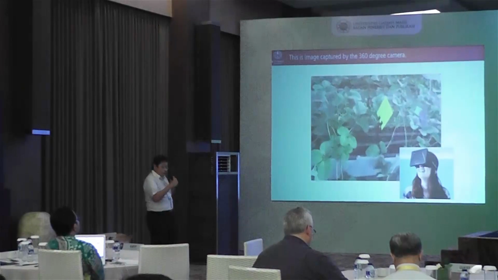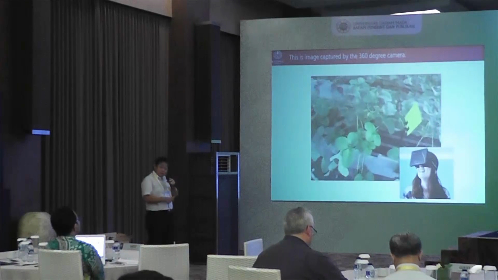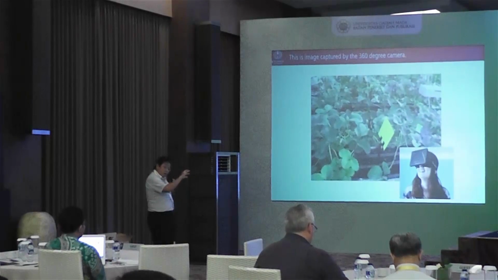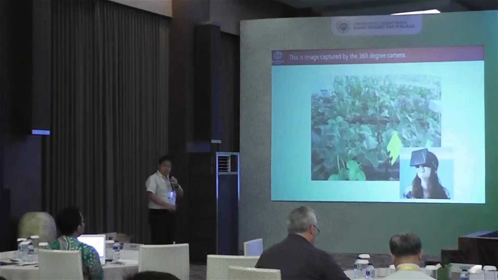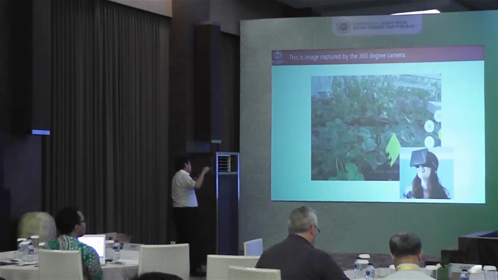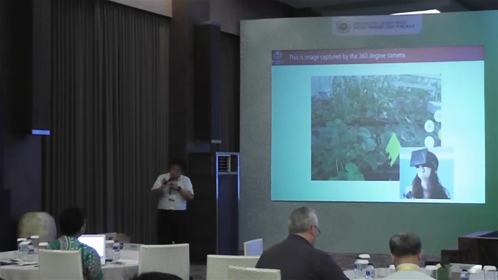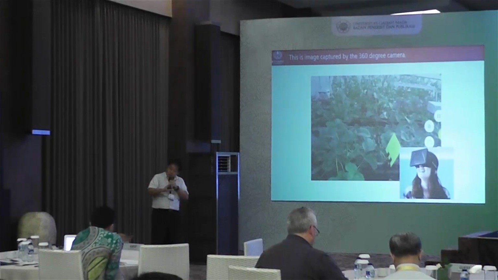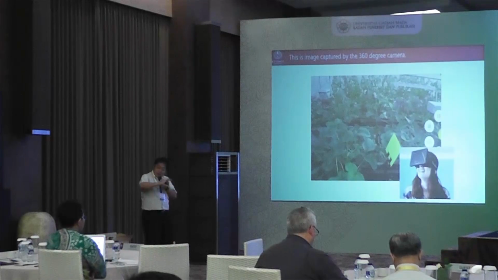But this is not so interesting, so we have to introduce plant information and image processing data. For example, if you find different colors of leaves, you have to compare the different colors.